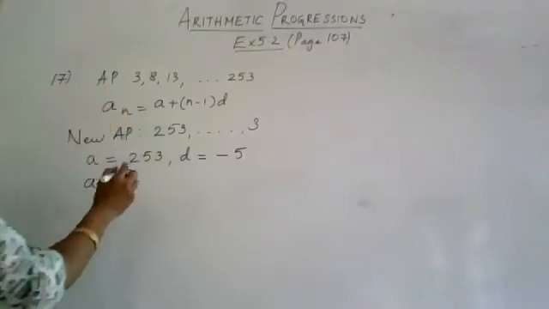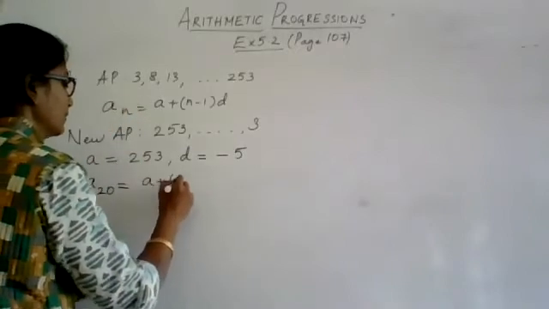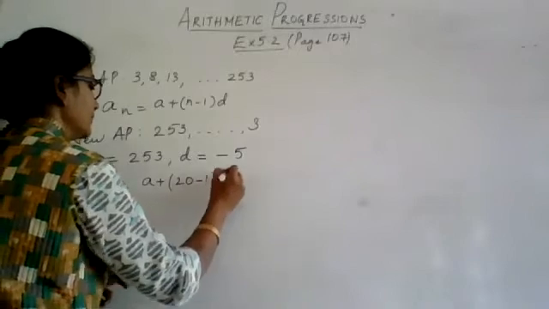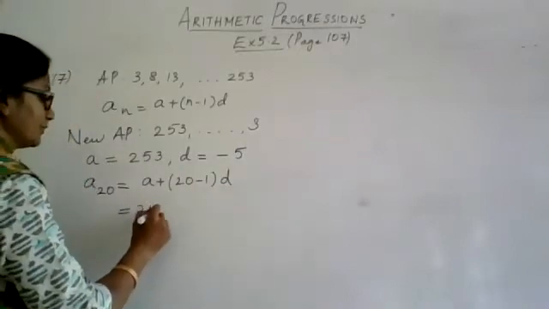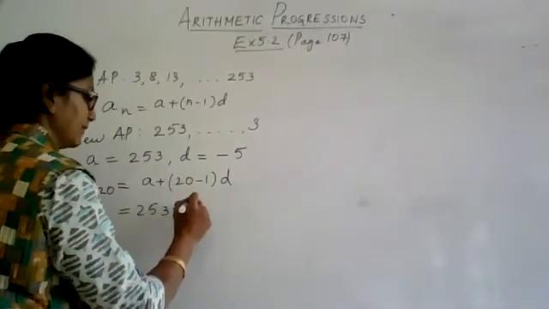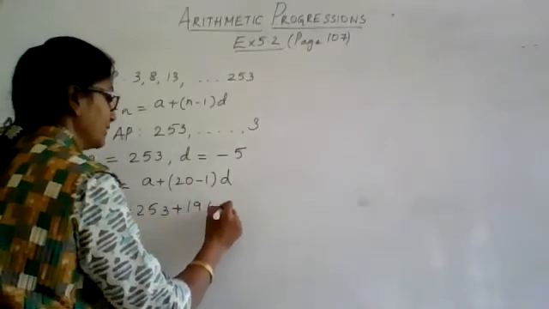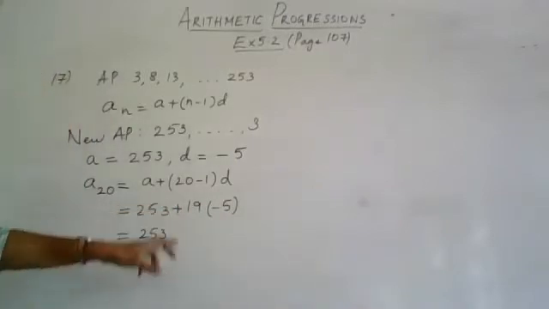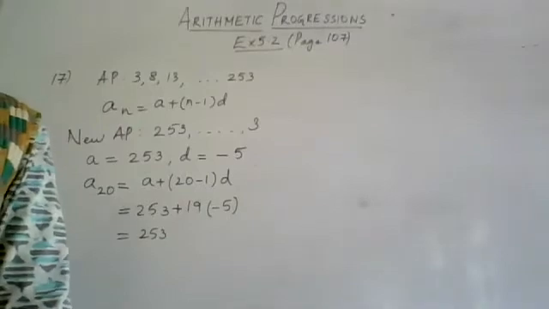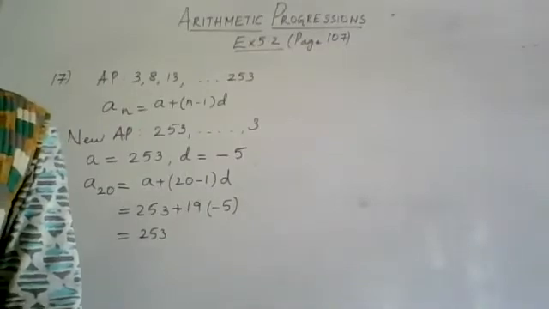Now the same formula needs to be applied. It is a plus (20 minus 1) times d. So substitute your values for a and d there. a is 253, plus 20 minus 1 will become 19, and your d is negative 5. So it will be 253 plus 19 times negative 5. Multiply and tell me how much will you get there?